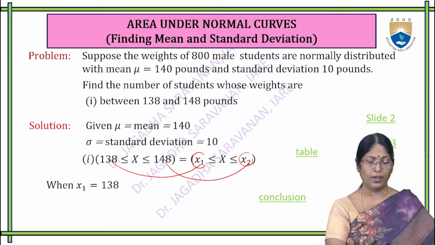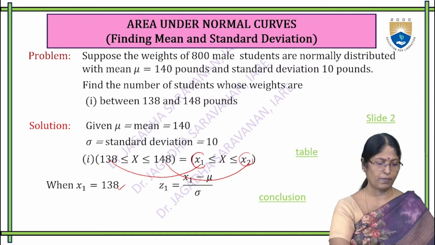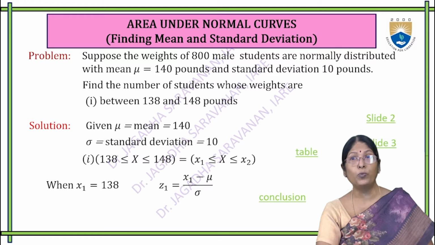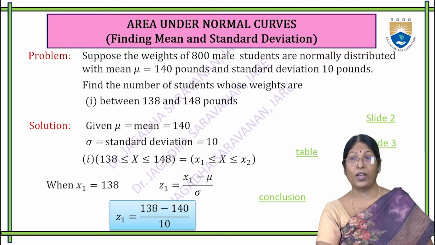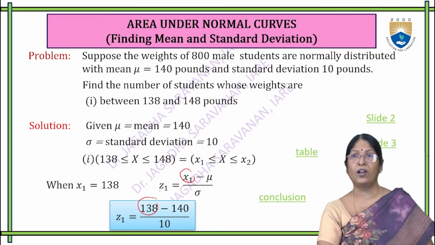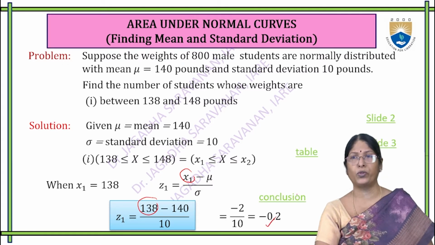When x1 equal to 138, what about z1? z1 equal to x1 minus mu divided by sigma. Substituting, z1 equal to 138 minus 140 divided by 10. Minus 2 by 10 gives minus 0.2. So 138 is converted into minus 0.2.